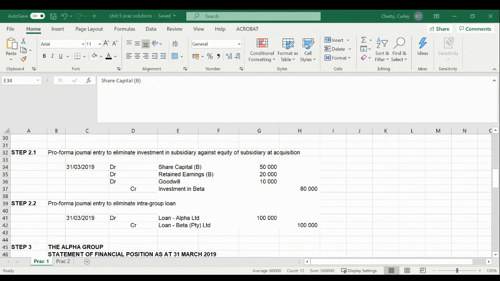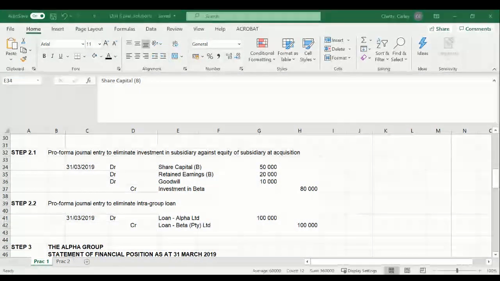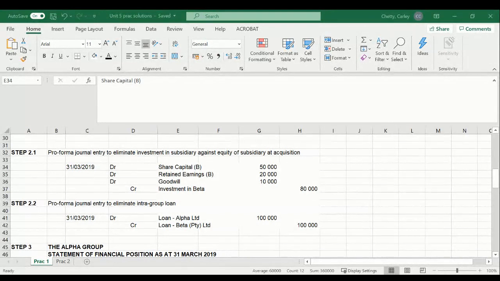But when we combine these two companies, we need to make certain pro forma journal entries to eliminate these items. And also, we need to make pro forma journal entries to eliminate any balances between these companies. So for example, in Alpha's books, it is okay for Alpha to show the loan to Beta as an asset.